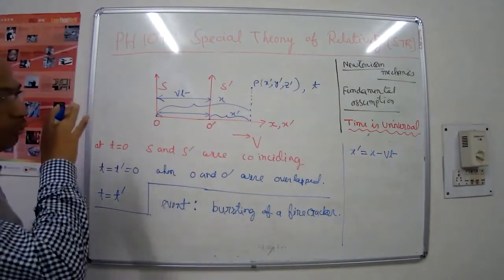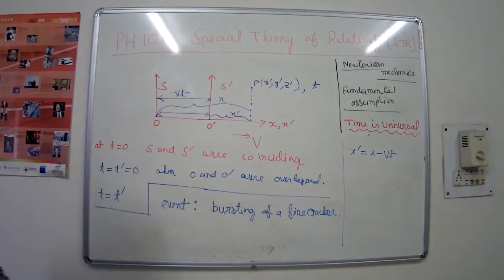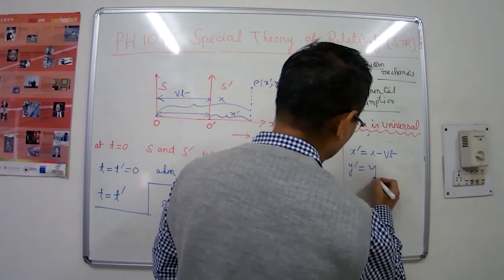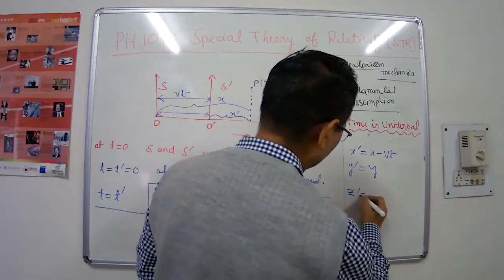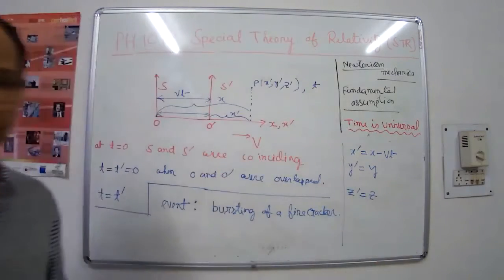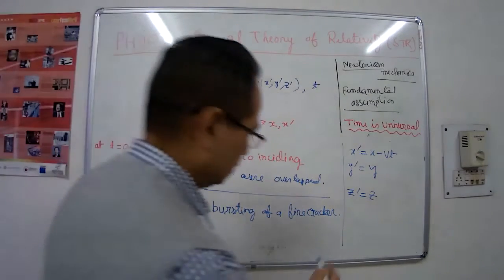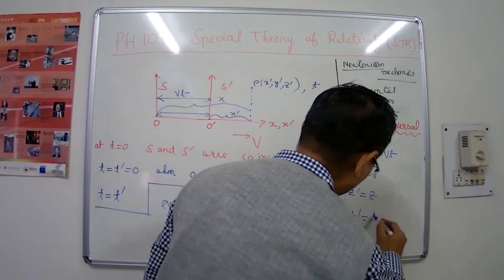And the frame is moving only in the X direction, so there is no relative motion along the Y or Z direction. So Y prime will be equal to Y, Z prime will be equal to Z. Of course, T prime equal to T.